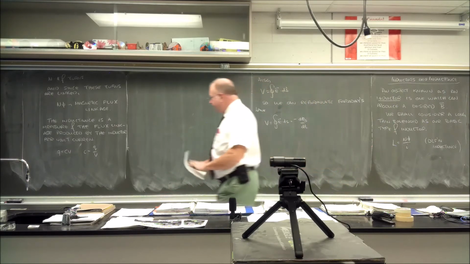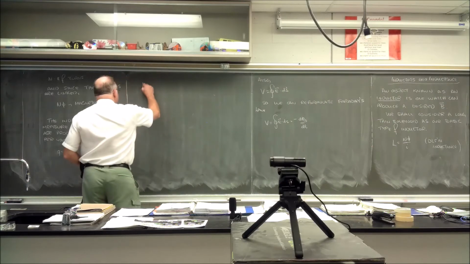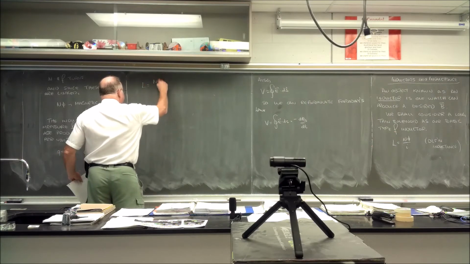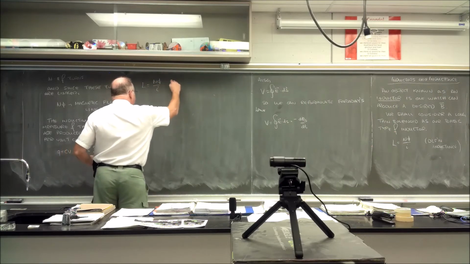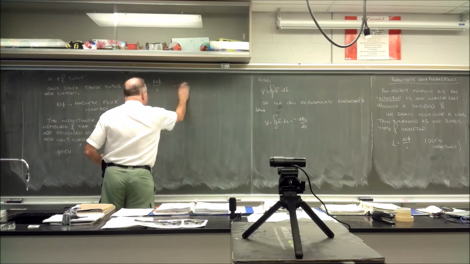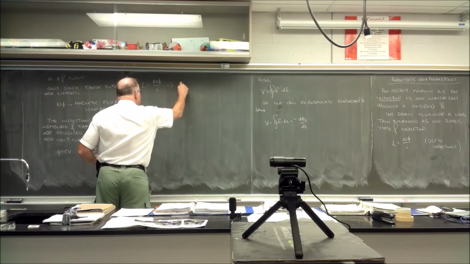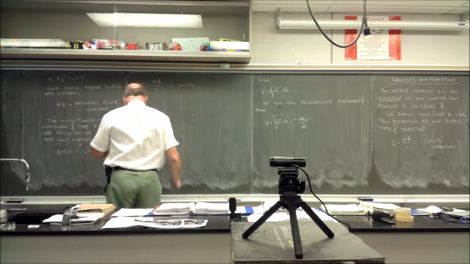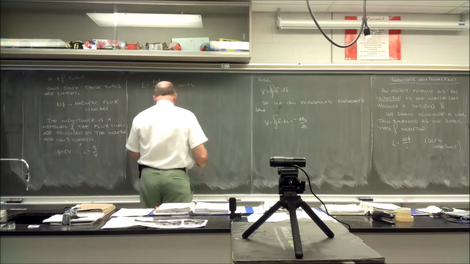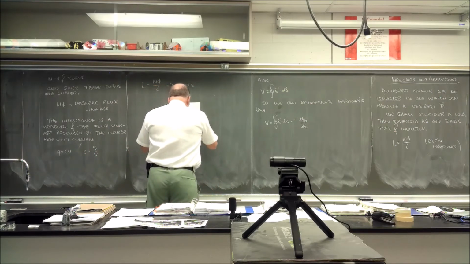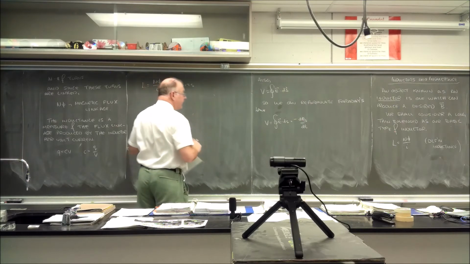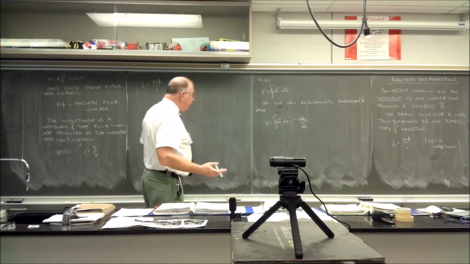So based on L is equal to N phi over I, for units, the unit of magnetic flux is the Weber, right? And N doesn't have a unit.